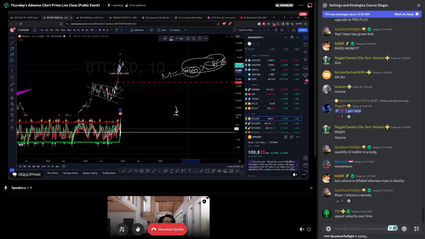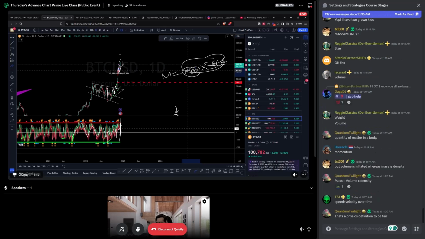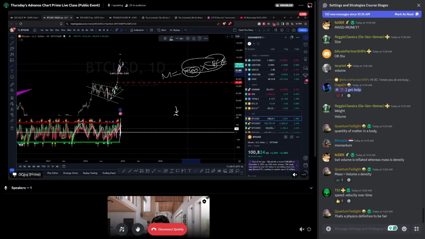Time will be the x and y variables, which right now is price action over time, or price value over time, yeah. But you're right, TS1, that also needs to be taken into consideration, right? That's a physics definition. Exactly. Perfect. So we got the idea clear, right? So momentum, in this case for trading, equals volume times money flow, right?